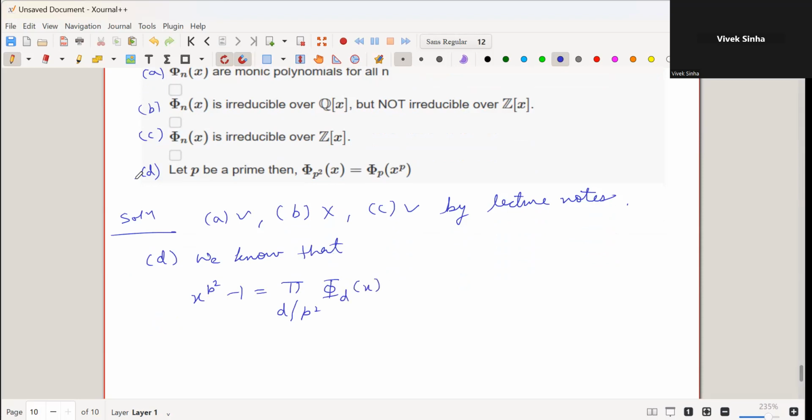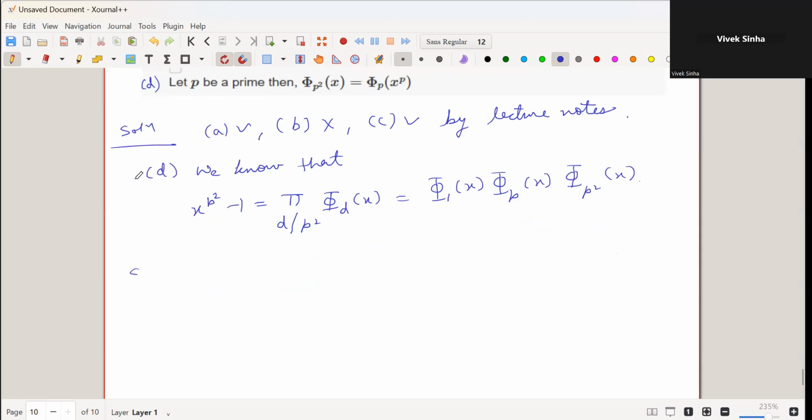So what are the divisors of p^2? It is simply 1, p, and p^2, so phi 1 of x, phi p of x, and phi p^2 of x, right?